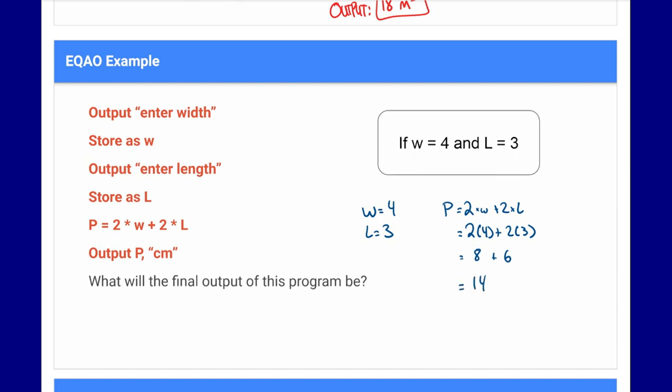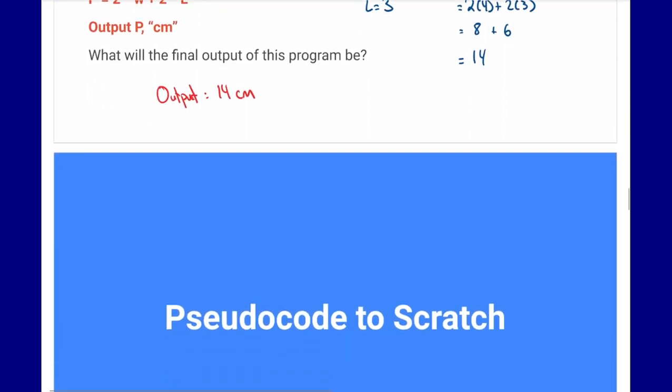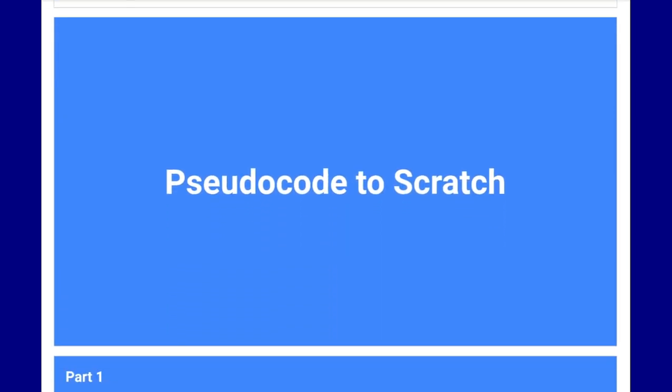So the output would be 14 and then centimeters. So the program would only give us one output, or one sentence. The math going on behind it is what we calculated off to the side. So that's an example of what pseudocode is.